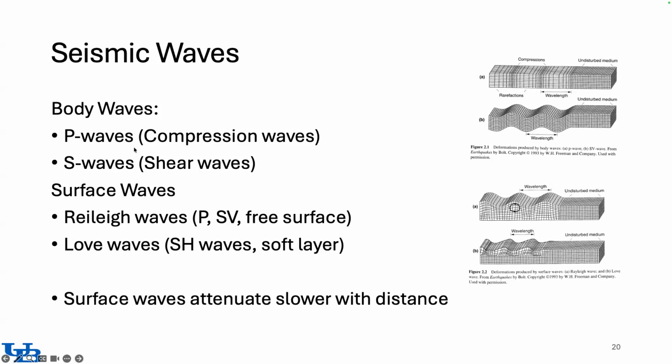And then these waves, together with the free surface, can interact and create different modes, which we call surface waves. The main two groups there are the Rayleigh waves. That comes from the interaction between P and SV waves. SV waves are S waves where the shear or the displacement is happening transverse to the direction of propagation, but on the vertical plane.